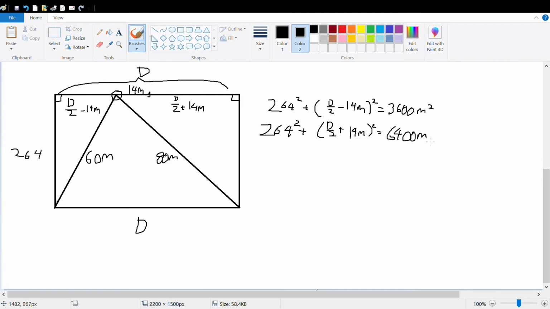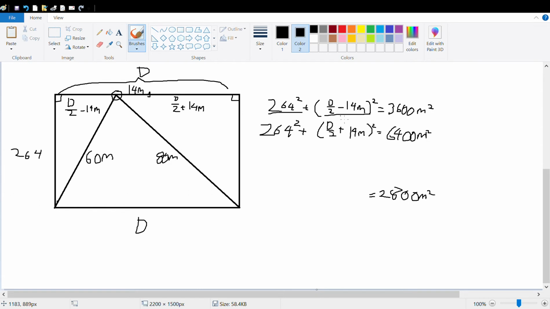The 264 squared is pretty terrifying, so let's get rid of it by subtracting the first equation from the second equation. So we get 2,800 m squared. Expanding d over 2 plus 14m squared, we get d squared over 4 plus 196m squared plus 14md, and that also comes in this expression.